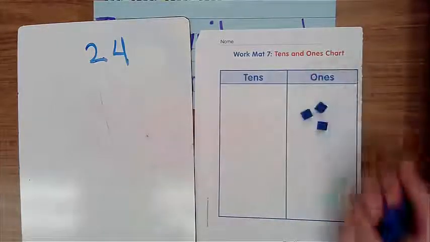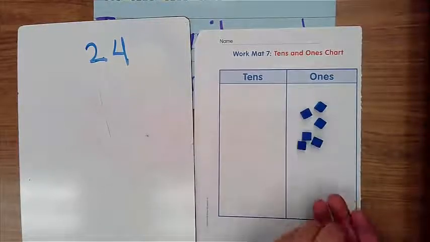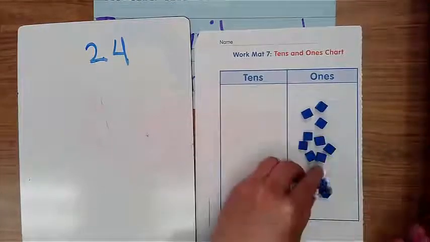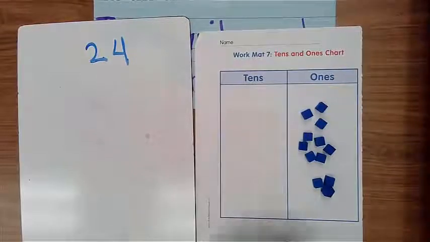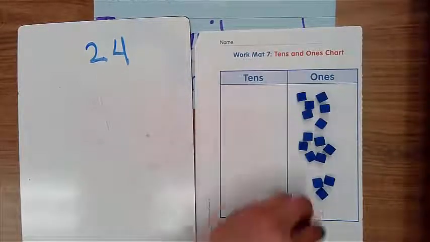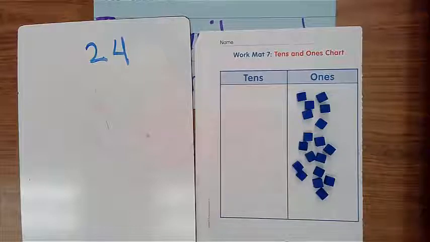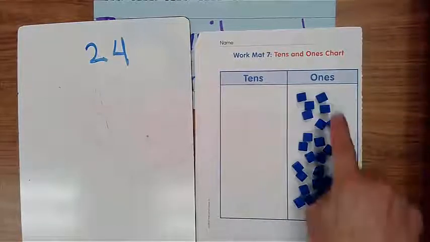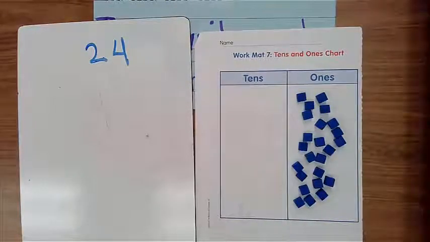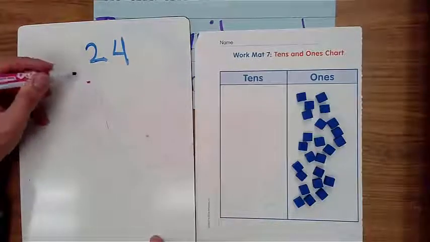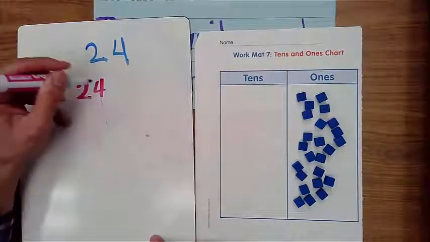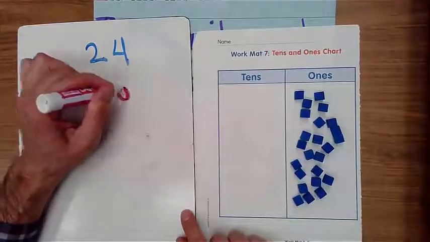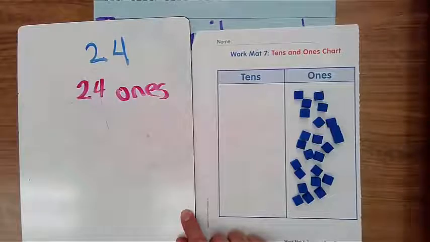So I have 3, 6, 9, 12, 15, 18, 21, 24. I have 24 blocks right here, so I can say that I have 24 ones, because these are all ones.